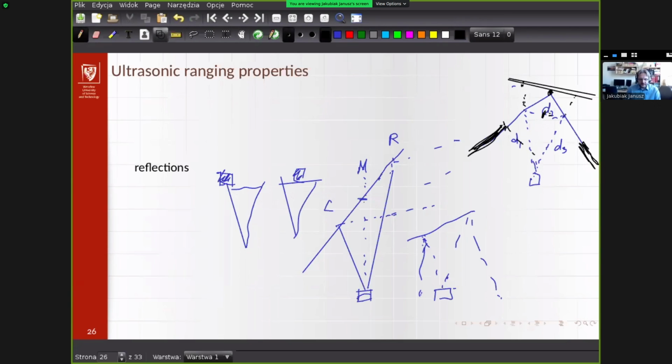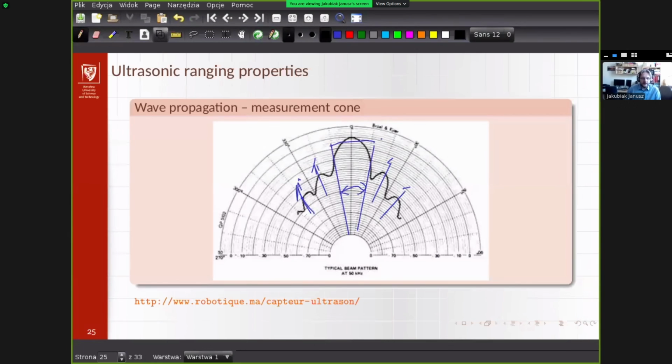Anyway, as we said, the width of the beam can also be useful, especially when you look at it as a detector, because it allows you to cover a wider range of angles with a single measurement. If you have the sonar like we had it here, it's like 10 degrees, so it will be like 20 degrees cover.